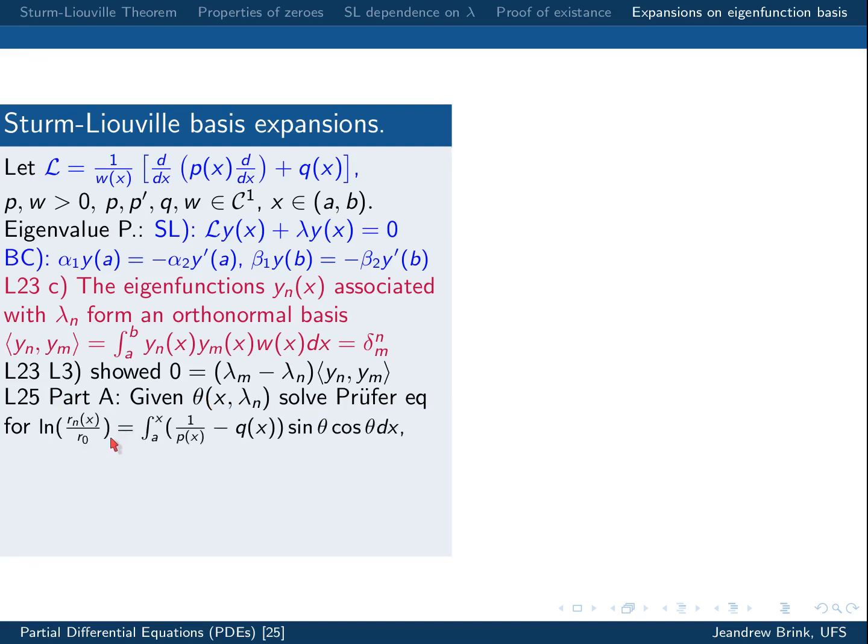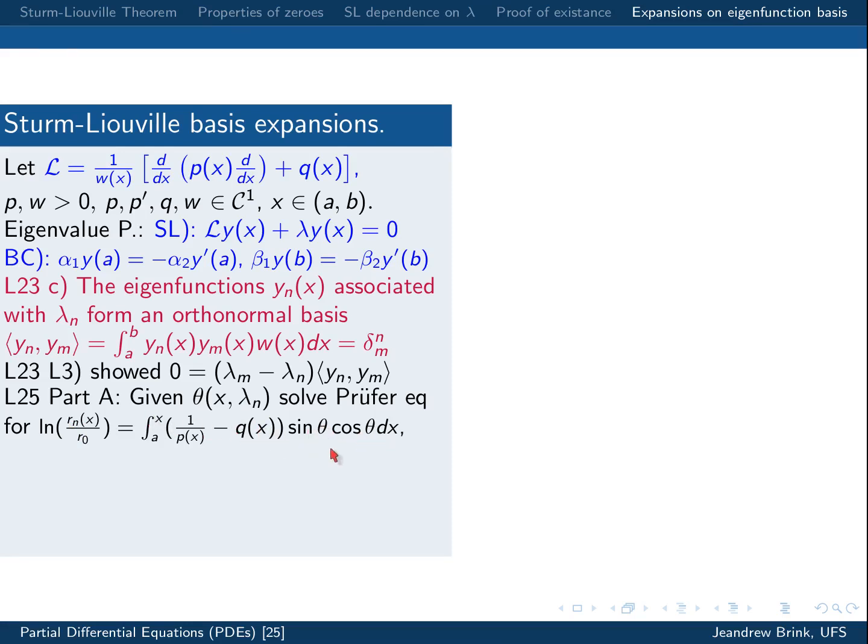Given that, we could go to the second pre-Fourier equation, which is d dx of ln of r of x equals its right-hand side. I've just put down the integral version now, and theta is a known function of x and lambda n.